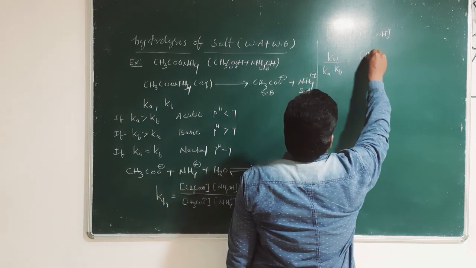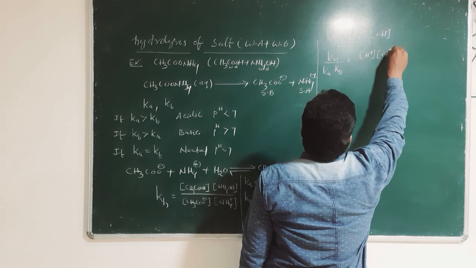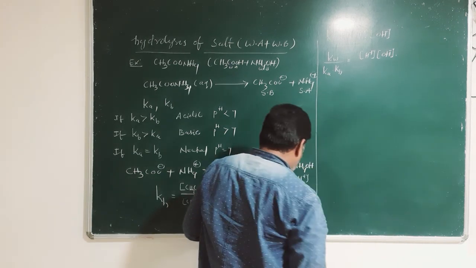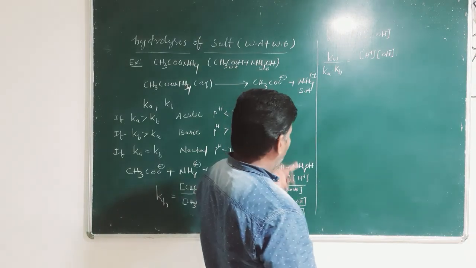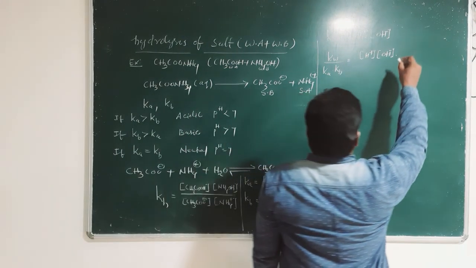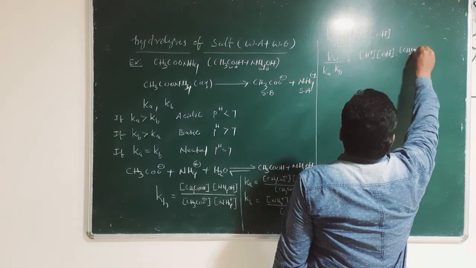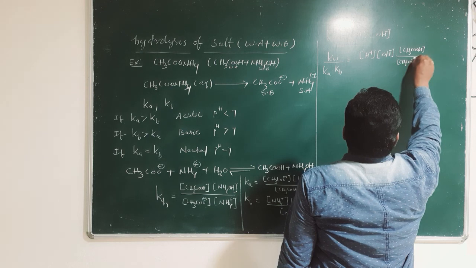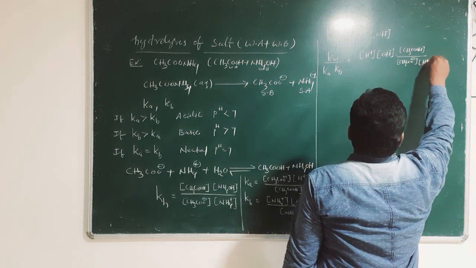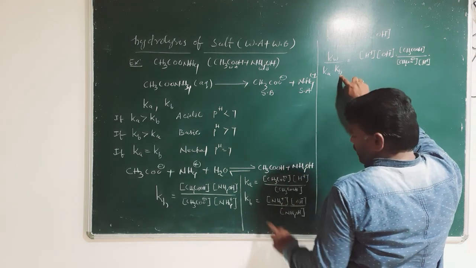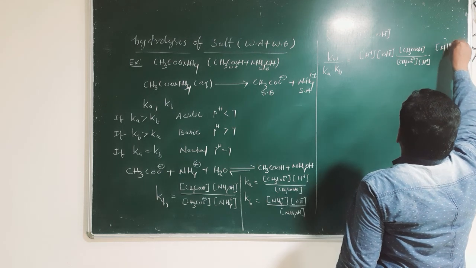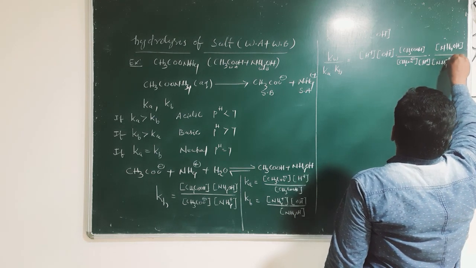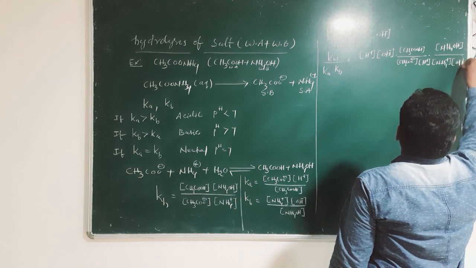That is the concentration of H plus into the concentration of OH minus, over Ka, the acid dissociation constant, whose denominator is inverted, that is CH3COOH by CH3COO minus into the concentration of H plus, and Kb, whose denominator is also inverted, NH4OH by the concentration of NH4 plus into the concentration of OH minus.